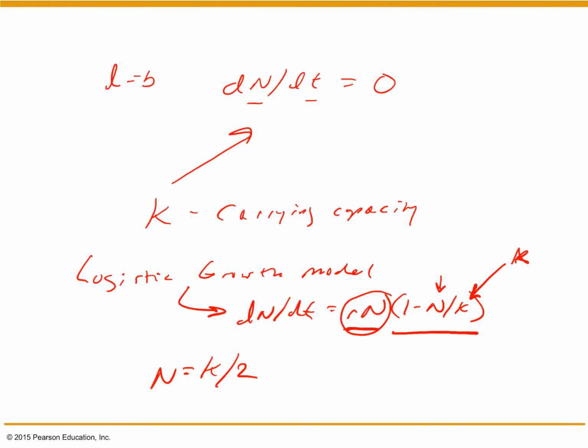So we have our peak rate of population growth when the population size is equal to the carrying capacity divided by 2. This represents what's called an inflection point on our growth curve.